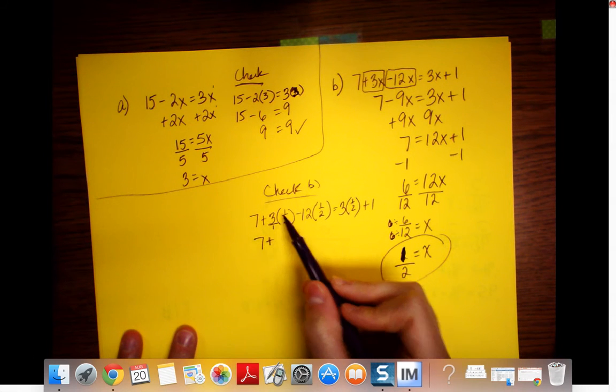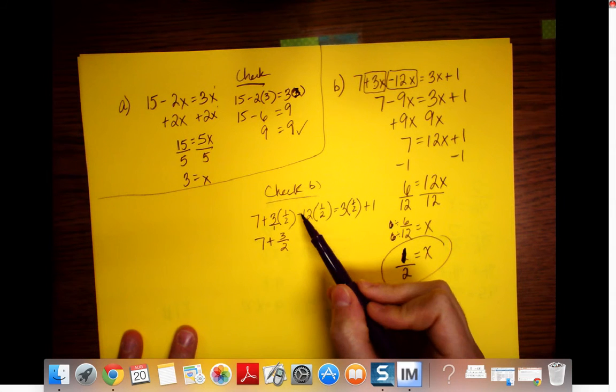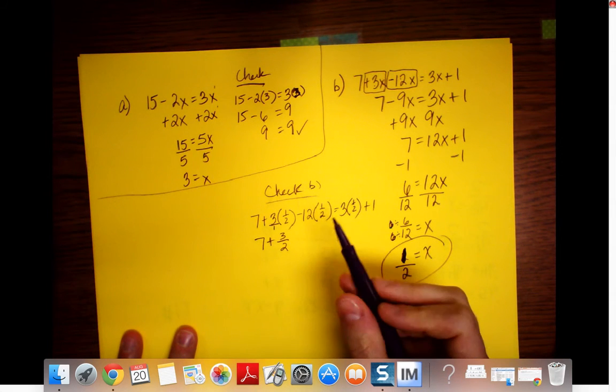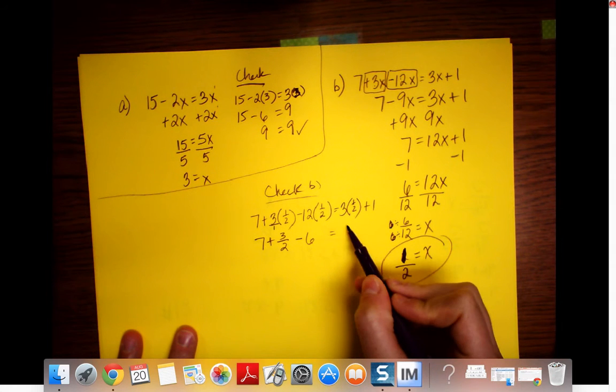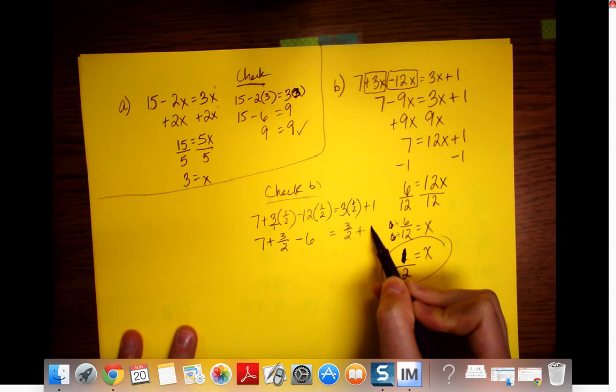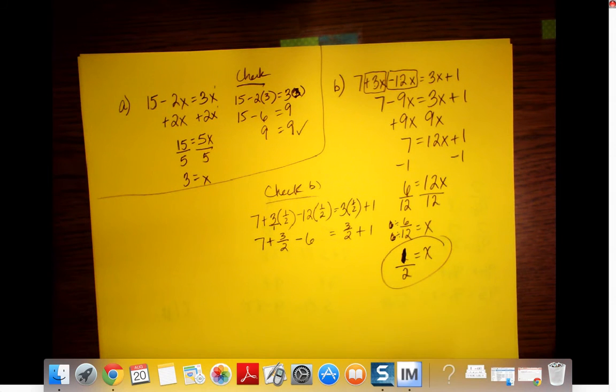So 3 times 1/2 is actually 3/2. And then negative 12 times 1/2 will be negative 6. Here's another 3/2. We have plus 1. Now, the calculator will come in handy now.